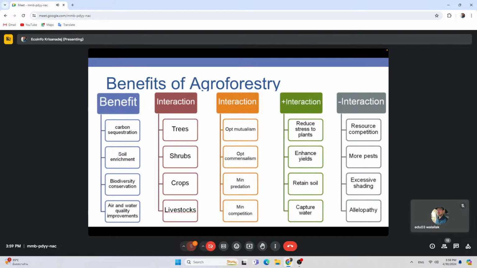They provide optimal mutualism and optimal commensalism, in terms of relationships within species and among species. They minimize predation and minimize competition between species. For the positive interaction, it reduces stress to the plants, enhances yields, retains soil, and captures more water.